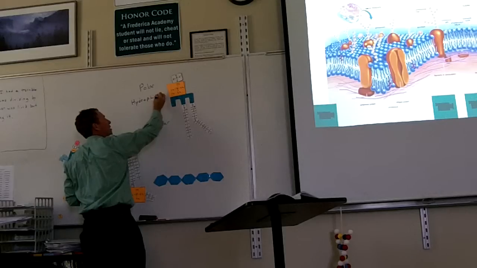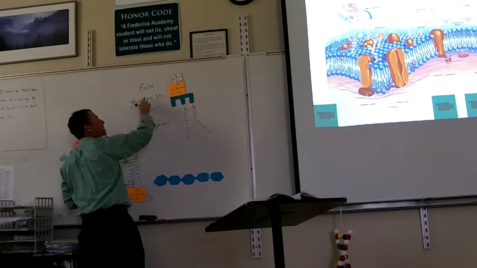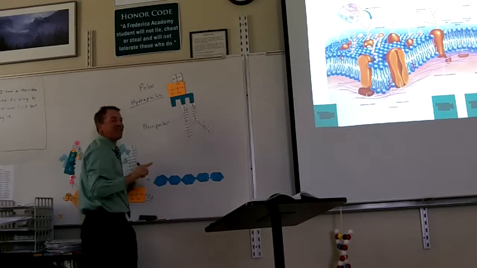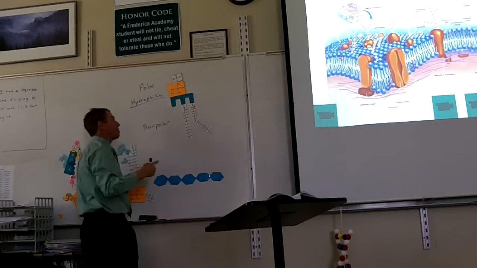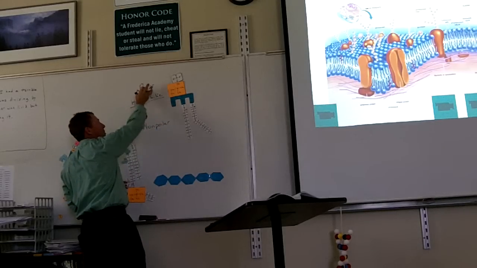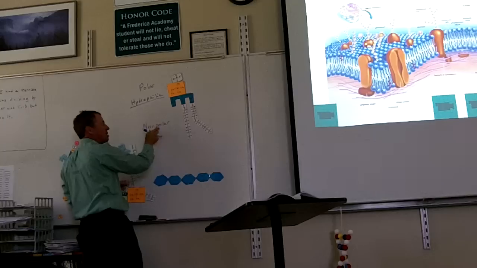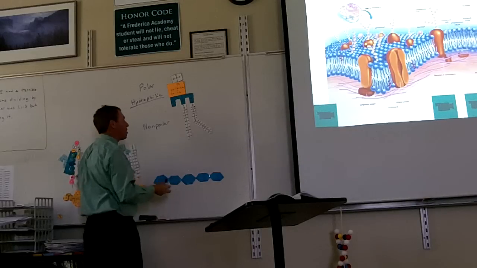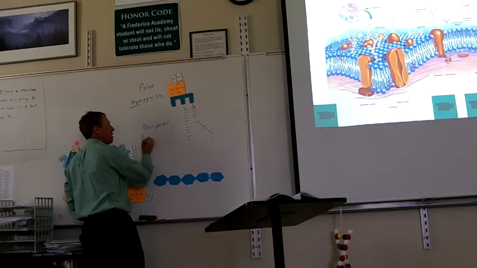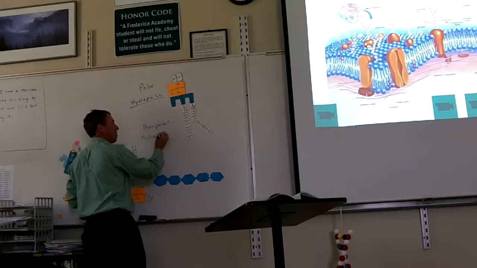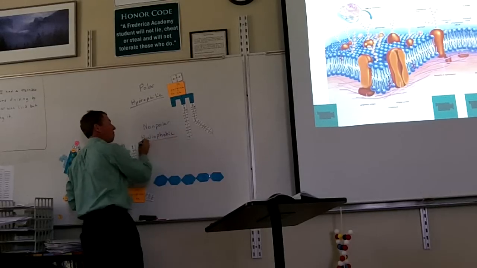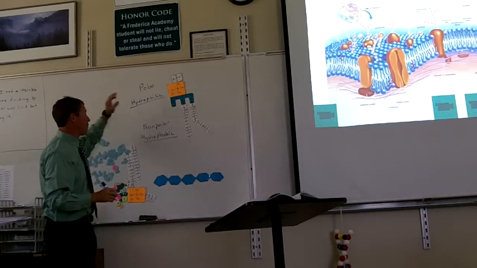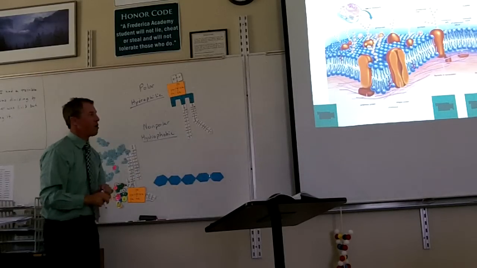Hydrophilic means water-loving. Philia means to love in Latin or Greek or something like that. So this is a polar hydrophilic head, and this is a non-polar tail. It's not attracted to water, doesn't care for water. So it's hydrophobic. Hydrophilic is water-loving, hydrophobic is water-hating.